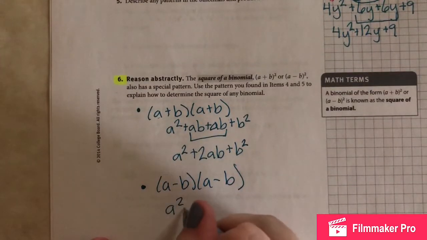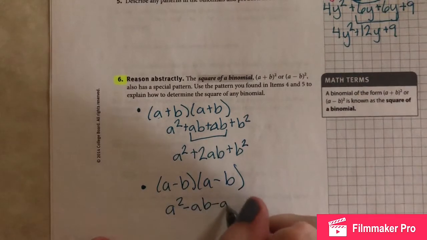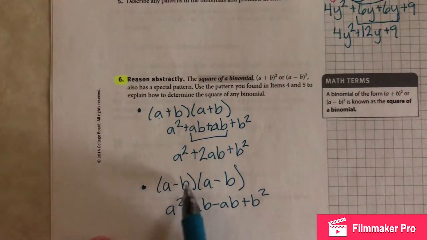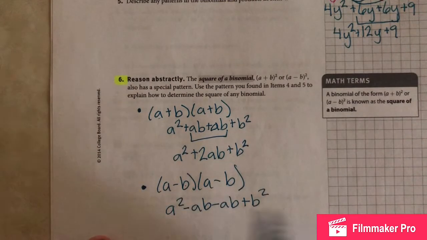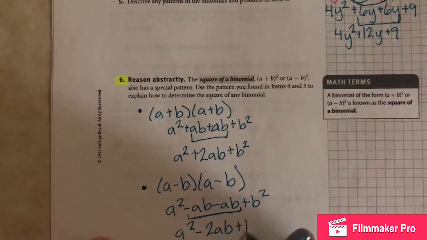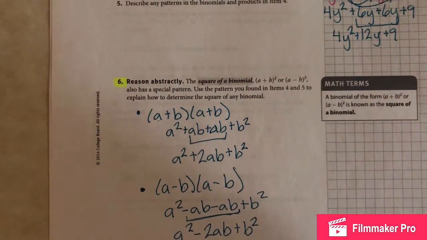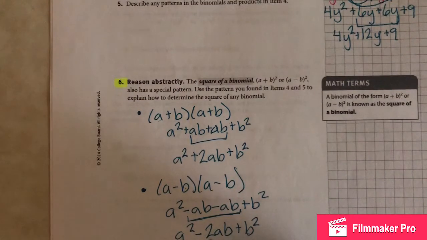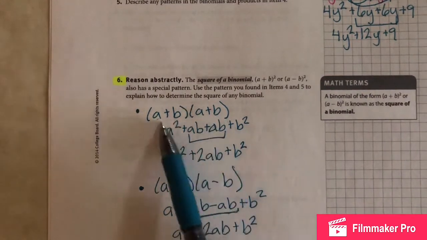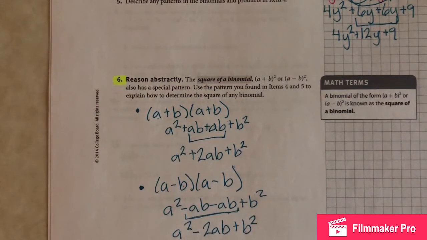So a squared minus ab plus b squared, because that negative b times negative b. And then combine like terms. A squared minus 2ab plus b squared. So the difference between the two is that your middle term is going to be negative if you have 2 negatives. And then up here, it's going to be positive if you have positives for your square of a binomial.